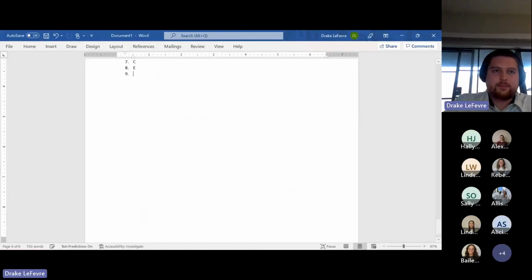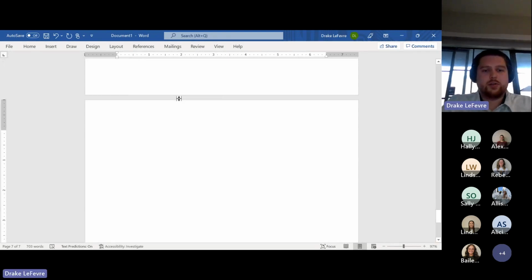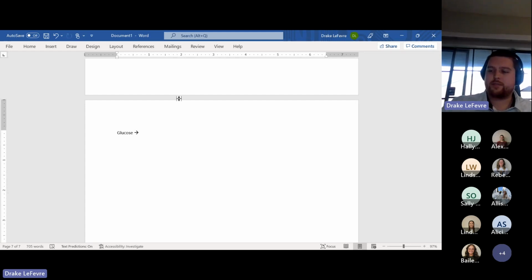So for example, starting with glucose and talking our way through this entire process. First off, what do we know about glucose? Let's say we're currently looking at glycolysis happening inside of a muscle cell. So within a muscle cell, where is the muscle cell getting its glucose from originally?